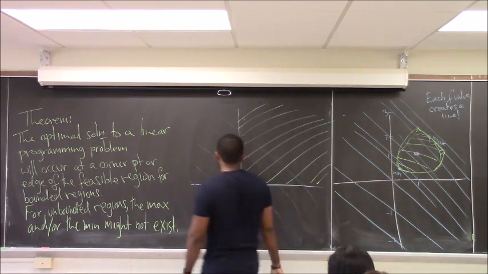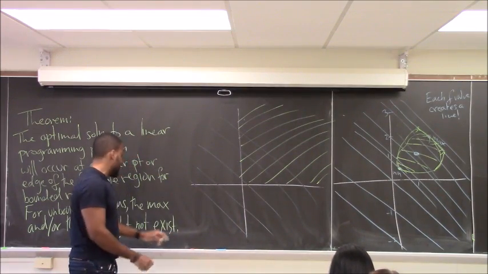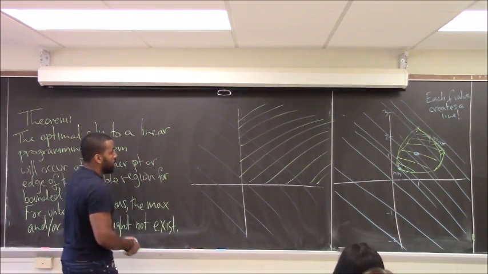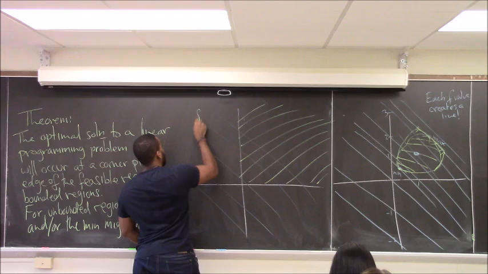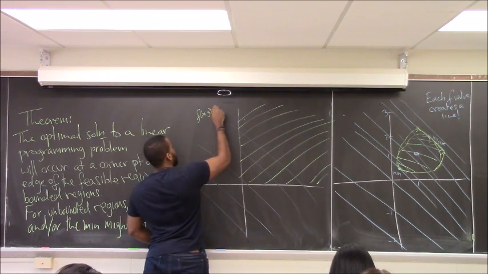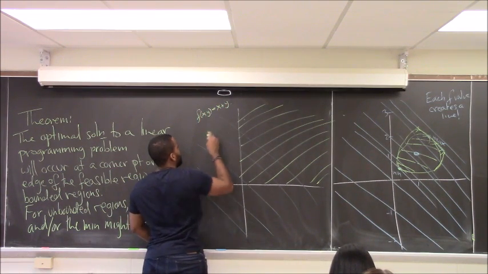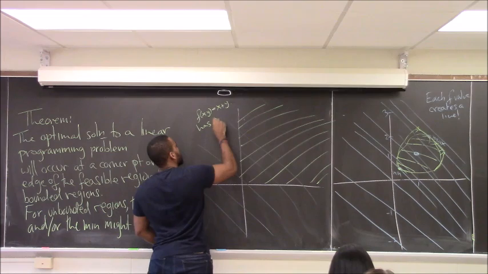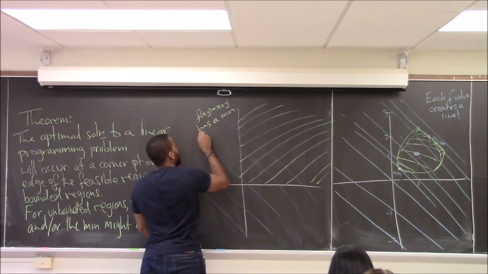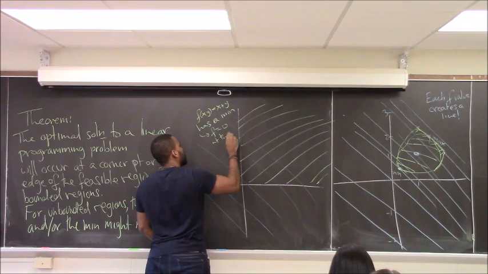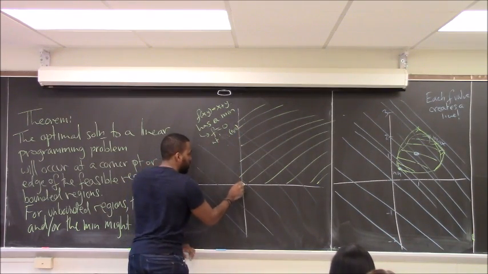Right? Now, what is going to be the max? Now, in this situation, f of x, y equals x plus y does have a minimum. It has a minimum here. Namely, it's f equals 0 at the origin. Right? That's going to give you the minimum point.